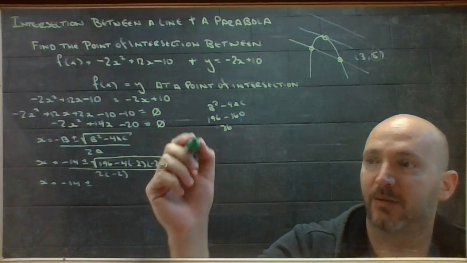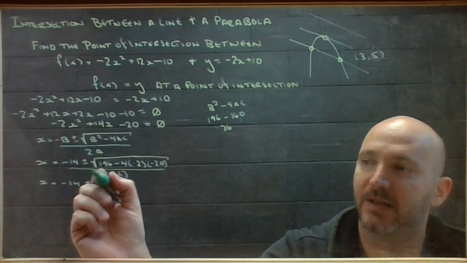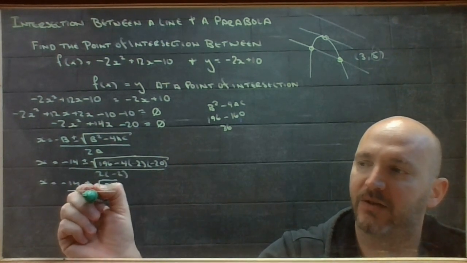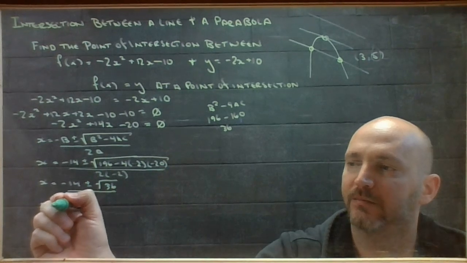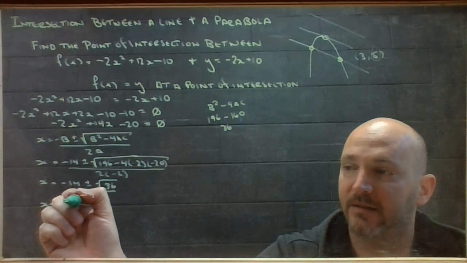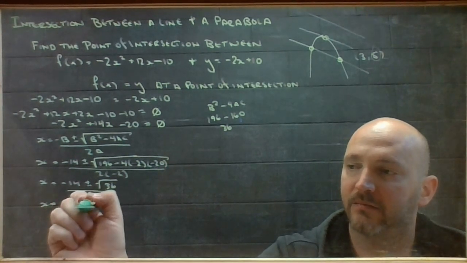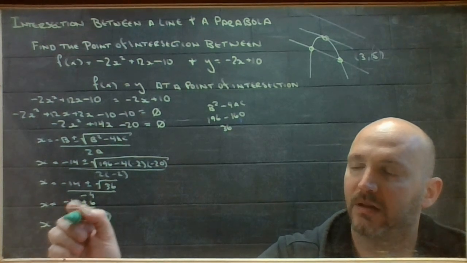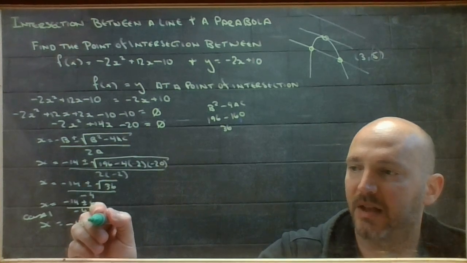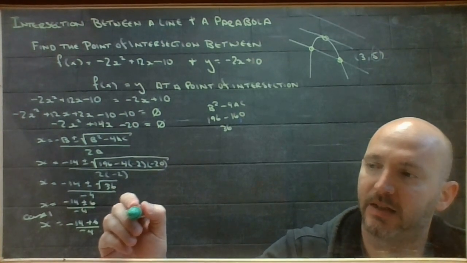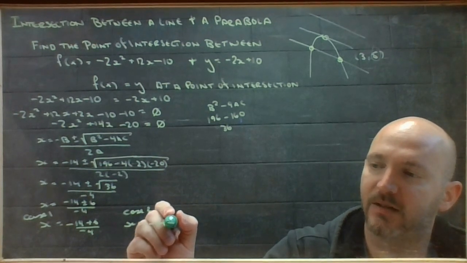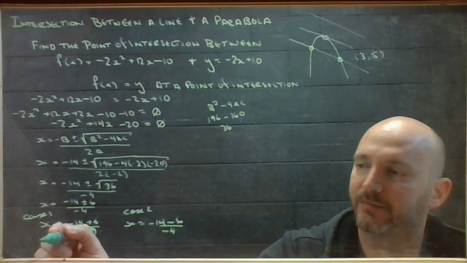I already did all this work and found out this was 36. 2 times negative 2 is negative 4. Square root of 36 is 6. So I've got case 1, negative 14 plus 6 over negative 4, and case 2, x is negative 14 subtract 6 over negative 4.